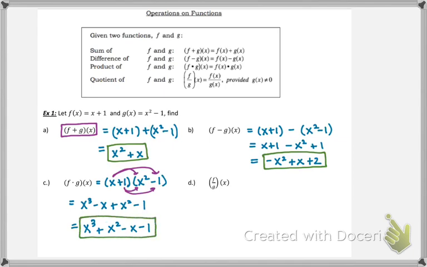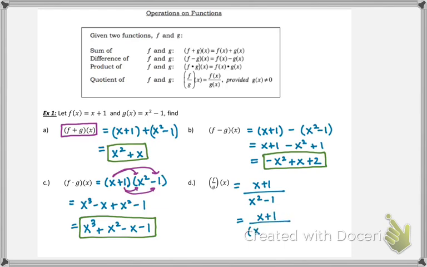And then lastly, we're going to go ahead and find a new function that is a result of the quotient of f of x and g of x. So this is going to be equal to f of x in the numerator, and then g of x in the denominator, and we're going to try to simplify it if we can. So it looks like the denominator is factorable.